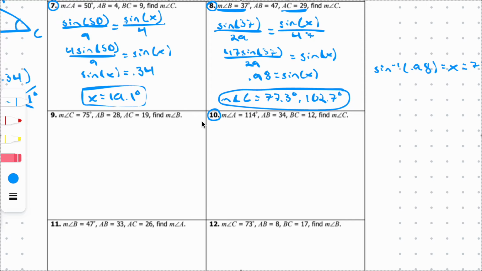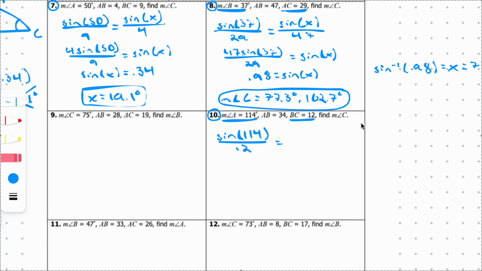So let's look for any pairs that are opposite of one another. So we have the measure of angle A, and that is across from side BC. So that's a pair right there. So we can say sine of 114 over 12.